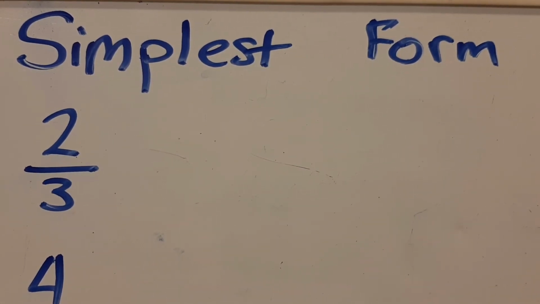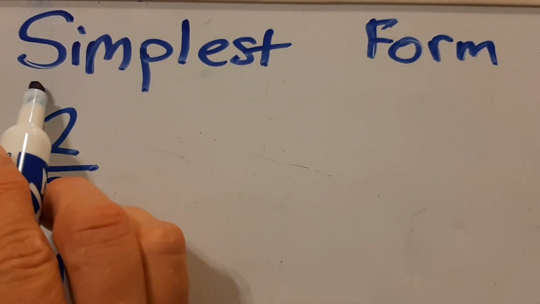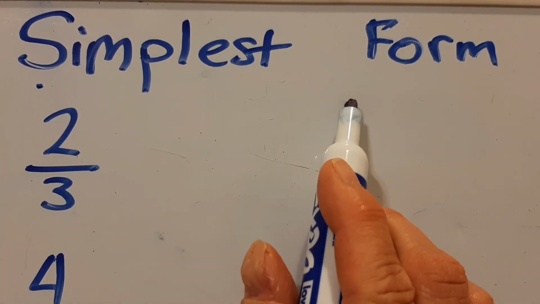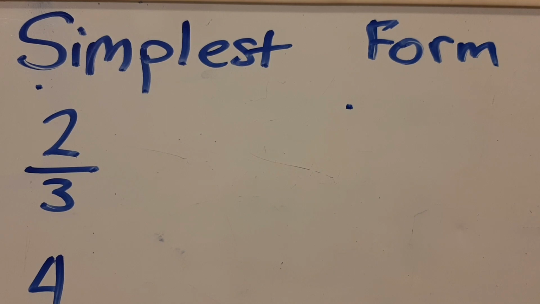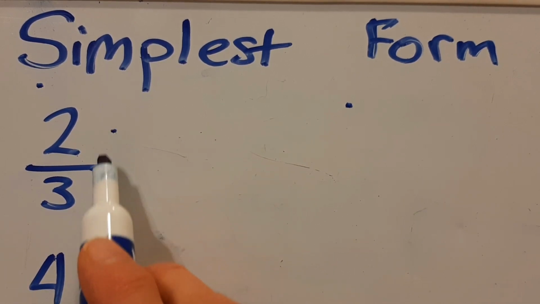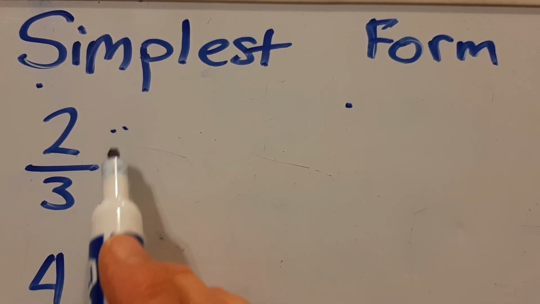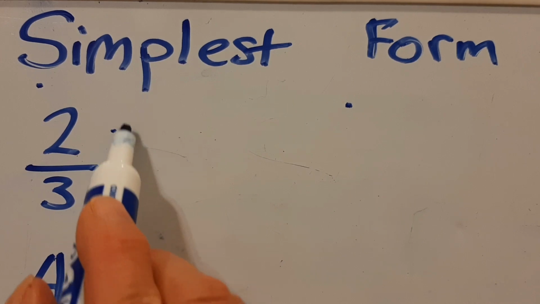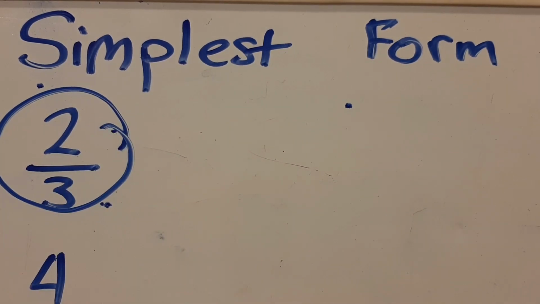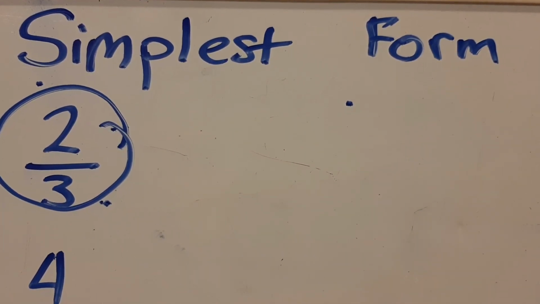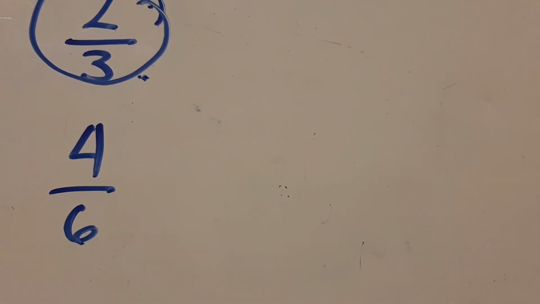Today we're going to add some more fractions, but first I want to do a little bit of review about simplest form. Now remember, simplest form is when a fraction can't be divided by the same number in the numerator and denominator. So for instance, 2/3 is in simplest form. But let's take a look at the next fraction, 4/6.